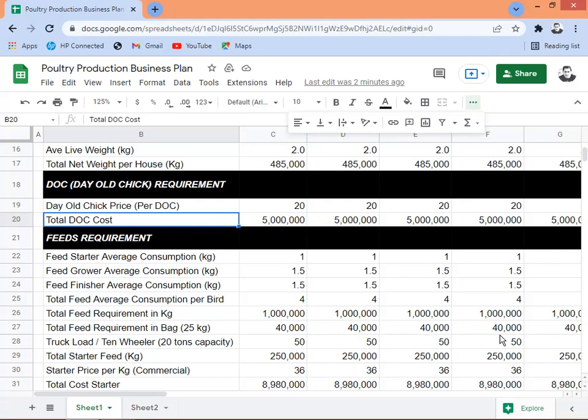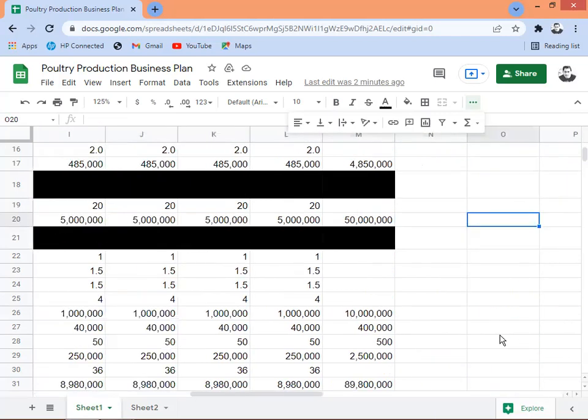So let's just say that you're just buying the day old chicks. You don't own the hatchery plant, and you don't buy the hatching eggs. If you want to make it double, 20 houses, then you're gonna need 100.